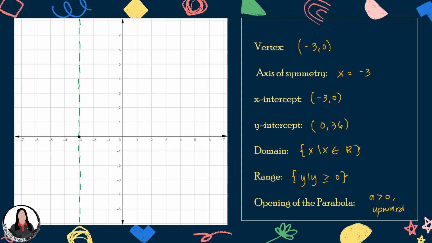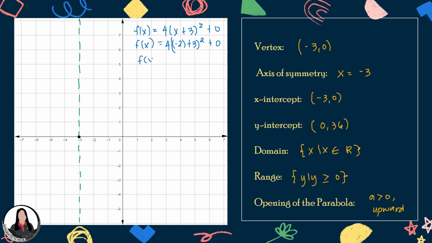So, hanap ako ng dalawang point here. Okay, so let me use f of x equals 4 times x plus 3 quantity squared plus 0. And I will substitute the value of negative 2 para malaman ko kung anong value niya sa y. Okay, so 4 times negative 2 plus 3 quantity squared plus 0.